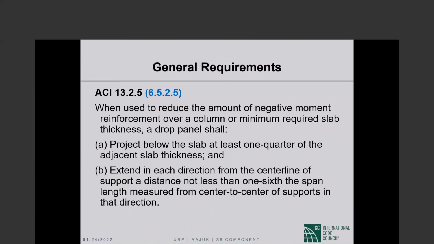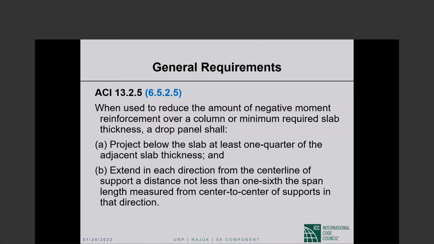Now, the slab thickenings that I discussed with you, when used to reduce the amount of negative moment reinforcement over a column or minimum required slab thickness, are called a drop panel.